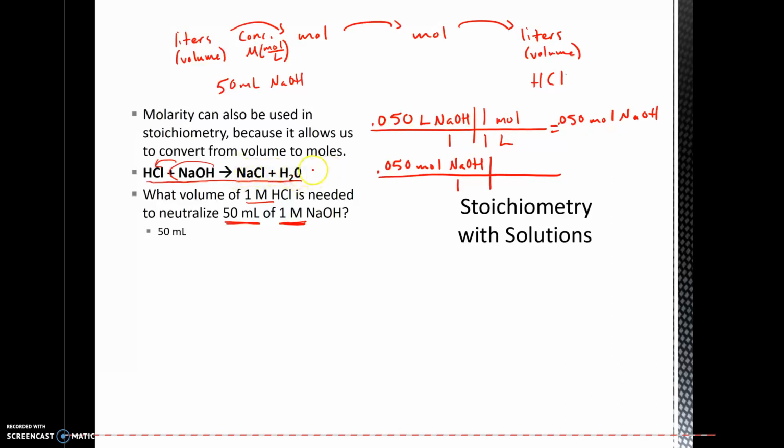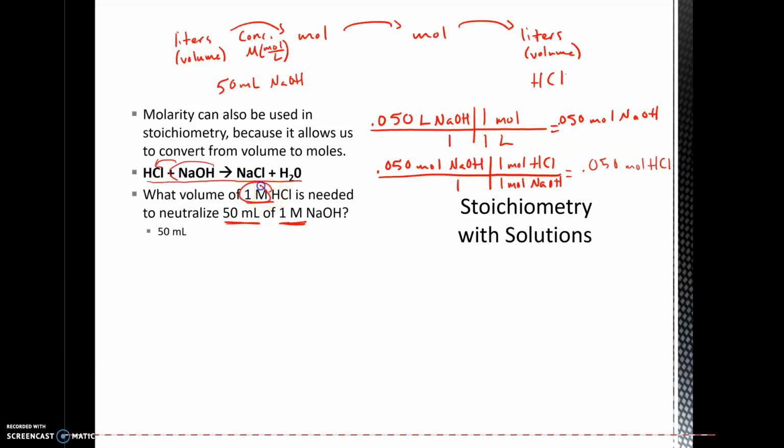I could go to sodium chloride if I wanted, or water if I wanted. But in this case, I'm going to do a 1 mole of HCl and 1 mole of NaOH conversion, and I'm going to get 0.050 moles of HCl.